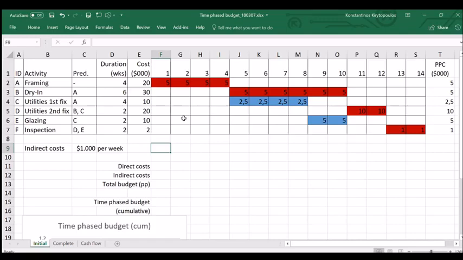So these costs cannot be directly attributed to a specific activity, and that's why they're called indirect. So in this case, we'll have an indirect cost of $1,000 per week.